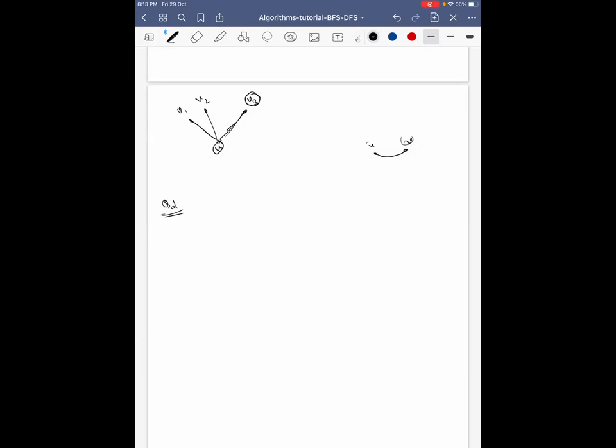Let's call it S or maybe T, and we perform BFS, and so we get a BFS tree, and we are considering only the leaves.